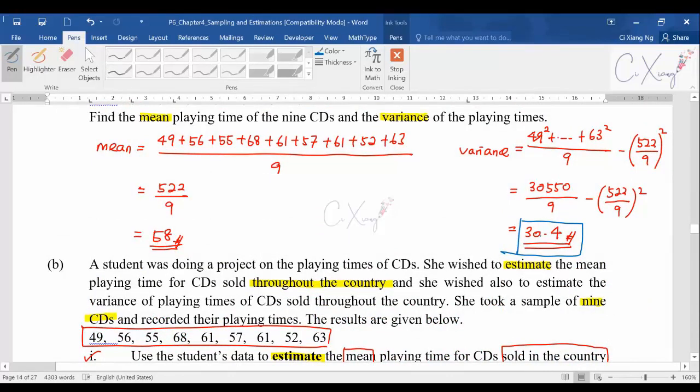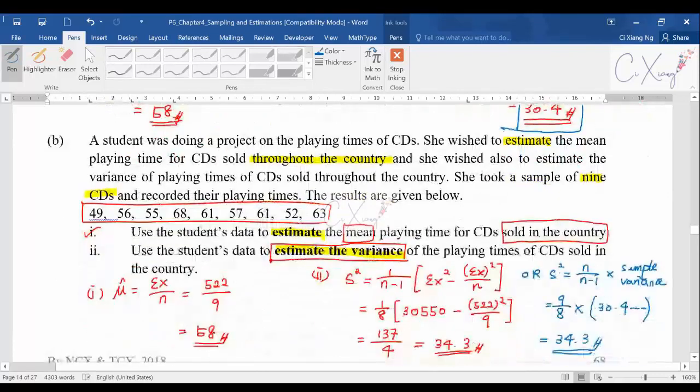That's why you get 30.4. But in part B, the sample, the 9 CD here, already becomes a smaller group compared to the population value that they want to calculate. So for this case, we define the X, the 9 CD, as a sample now. That's why we put it as a sample variance and you can get the same answer.